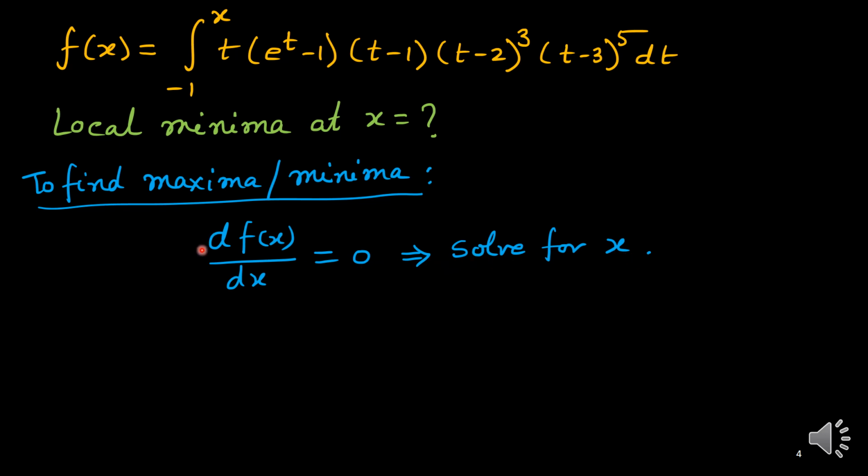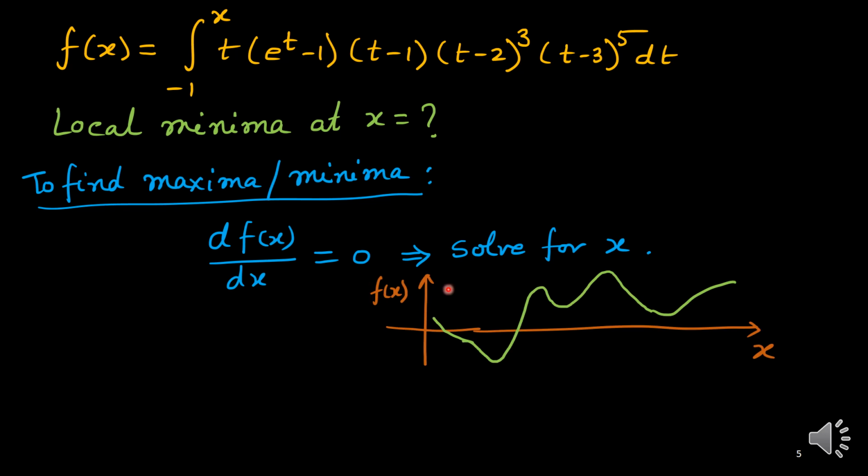Now why is it true? If I consider one function f of x, suppose this is the function, easily you can identify that at these points, the derivative is becoming 0. Derivative means slope, and slope 0 means the tangent is horizontal, along x-axis.